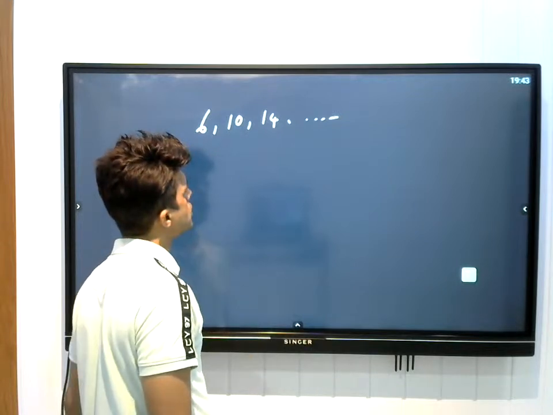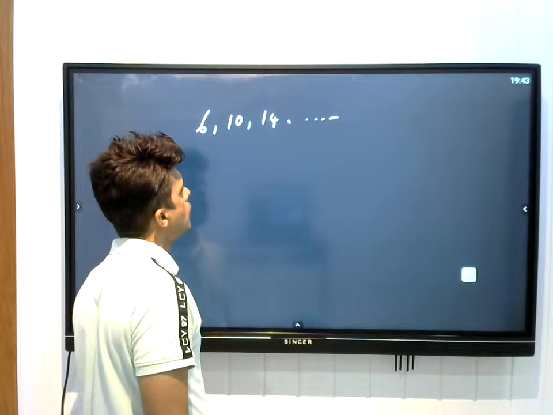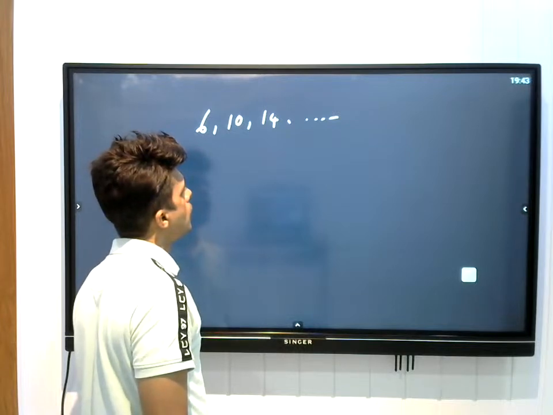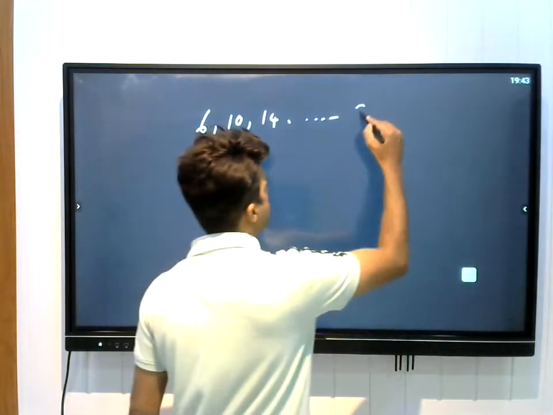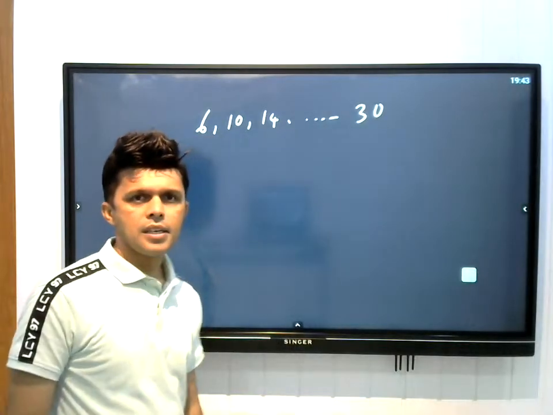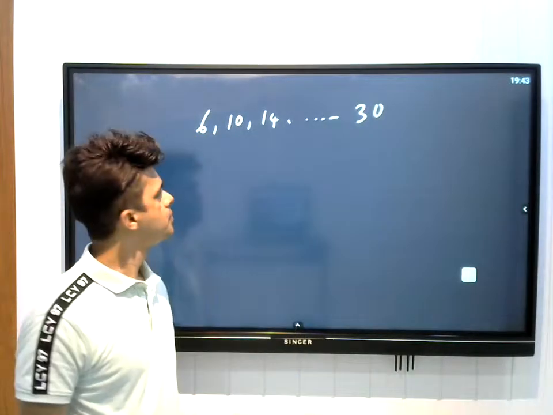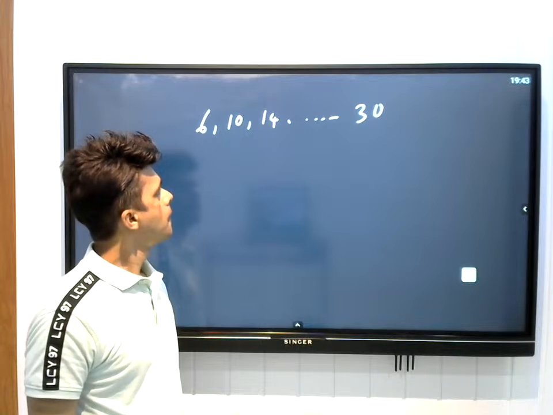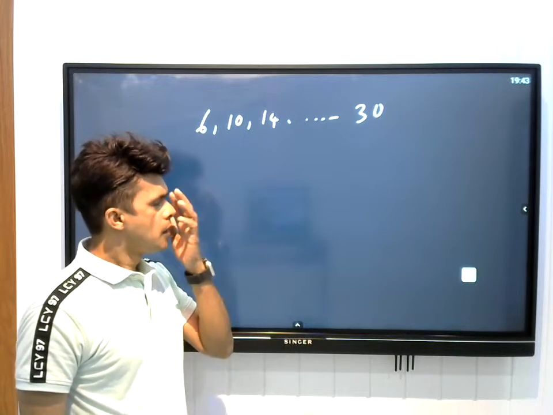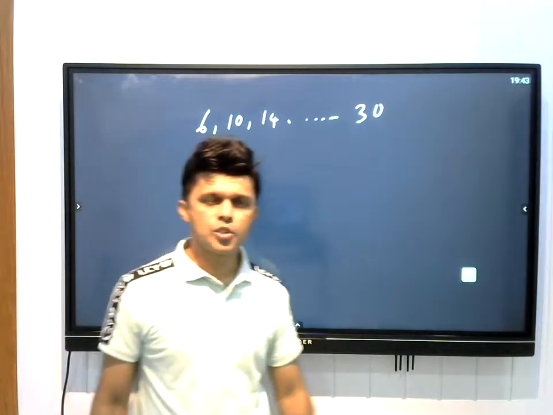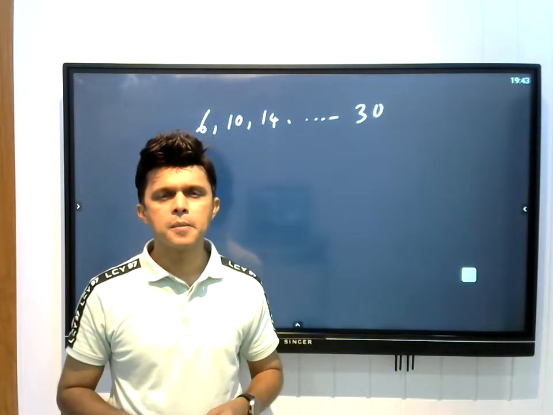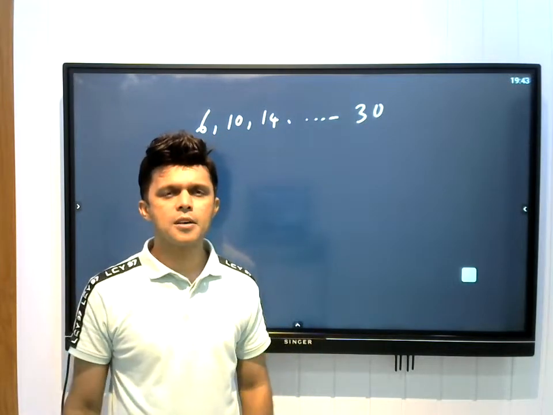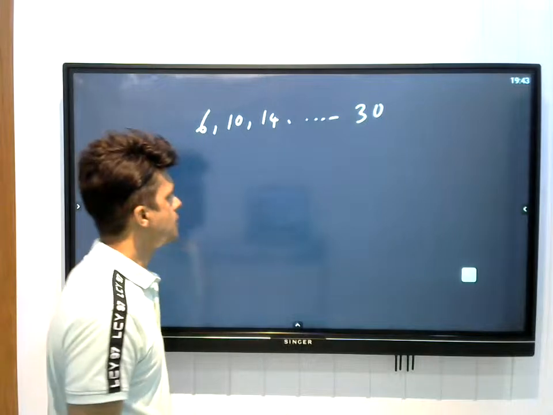This is the last one, not this one. The last sum is 30 of this one. You have been given the last term of this progression, that is 30.